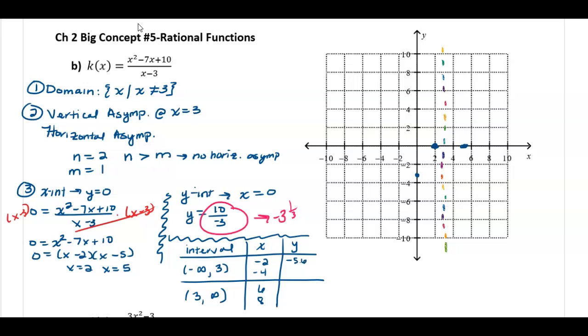So negative 2 comes in at negative 5.6, so pretty close to over here. Negative 4 gives me negative 54/7, which is negative 7.7. So right around really close to 8.